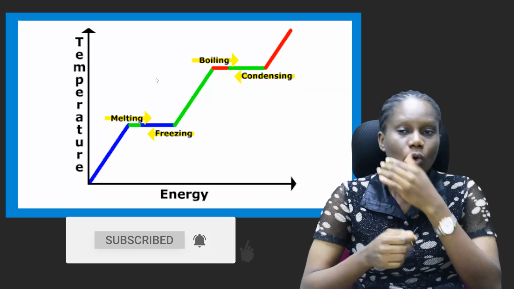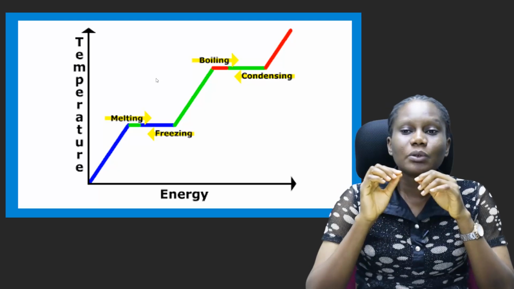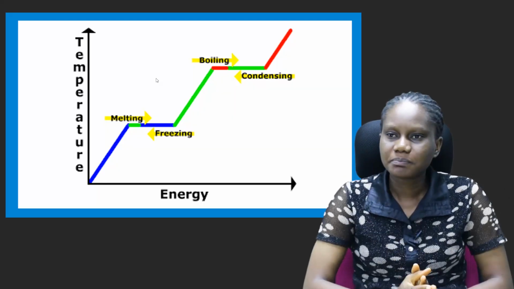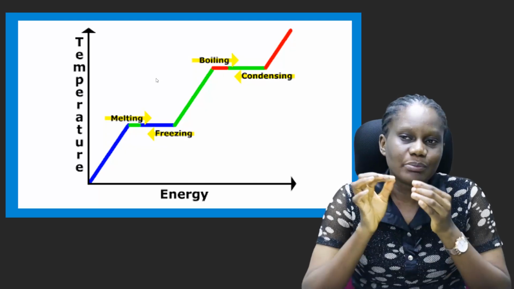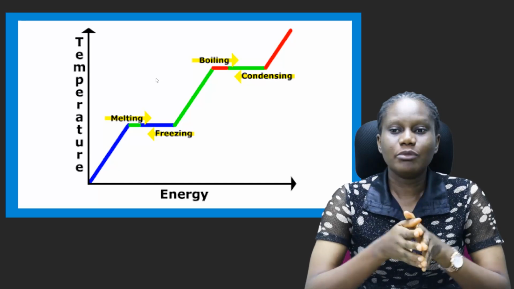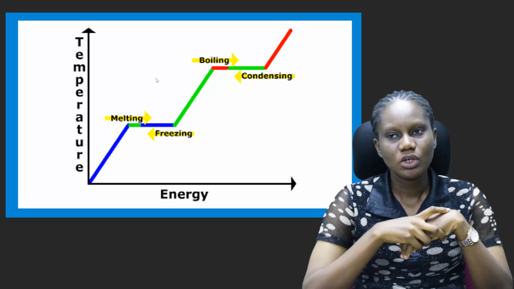When it gets to its melting point, you can see the melting in yellow. So it melts into liquid, and you have your liquid in green. When it gets to its boiling point and you continue to apply heat, it gains more energy and changes to your gas, which you see in red.